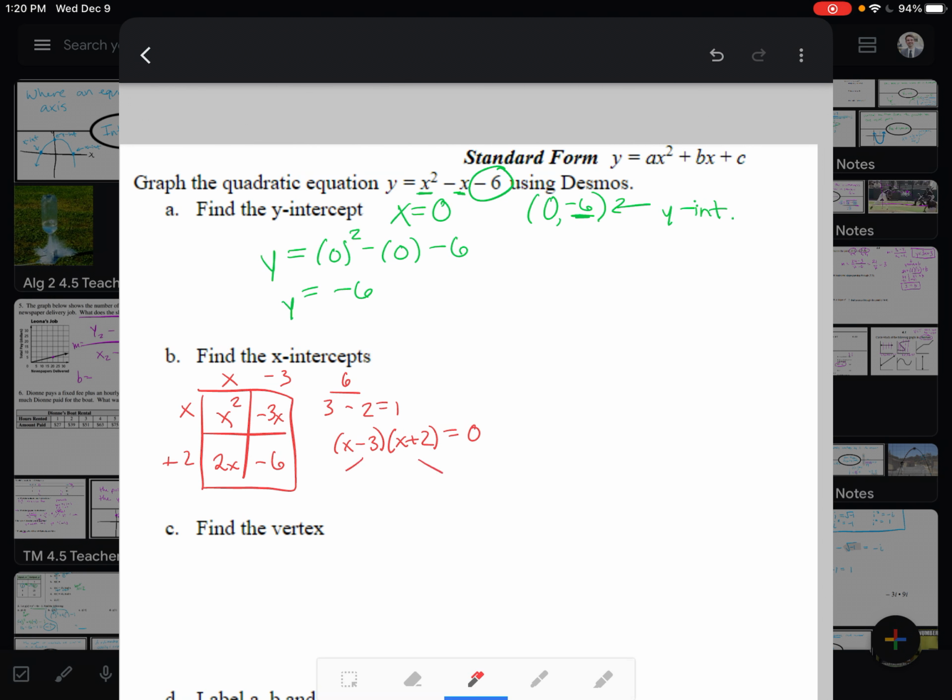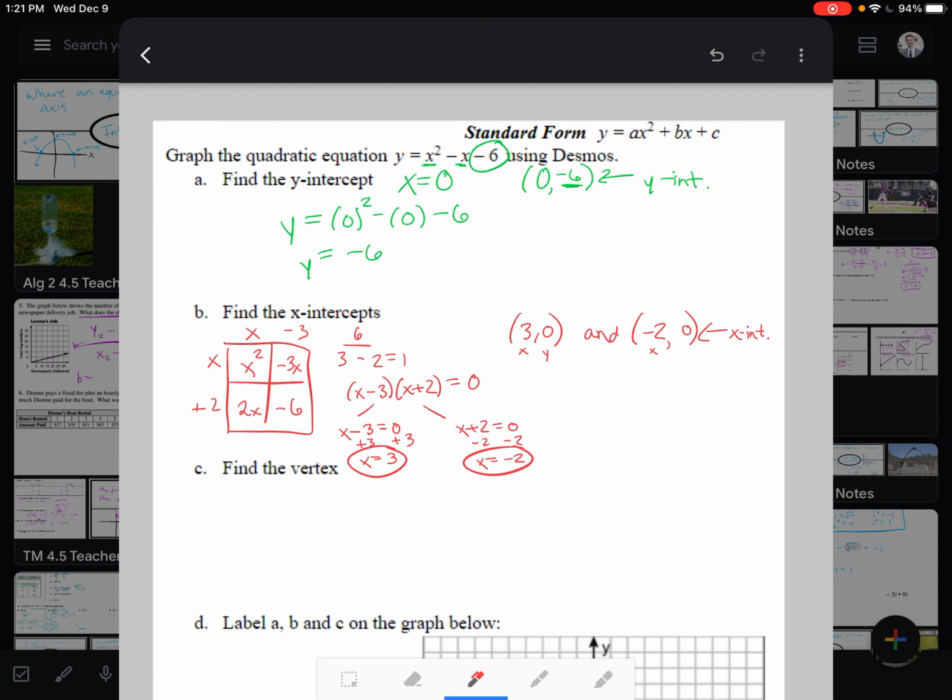So we'll split these off like we've been practicing. Add 3 to both sides, and we'll get x equals positive 3. And then on this side, we'll get x equals negative 2. So those are the x-intercepts, or to be more specific, our coordinates are (3, 0) and (-2, 0). Again, that's our x value, and y is 0 for the x-intercepts.